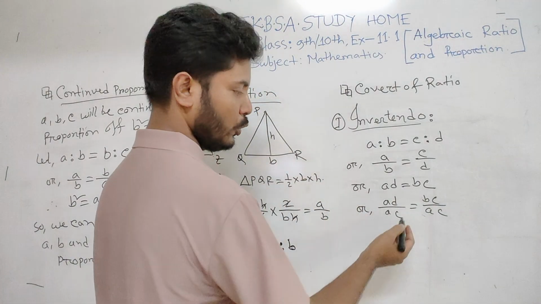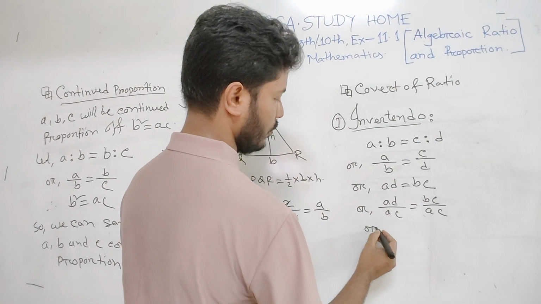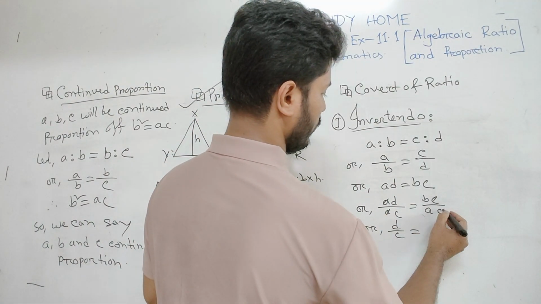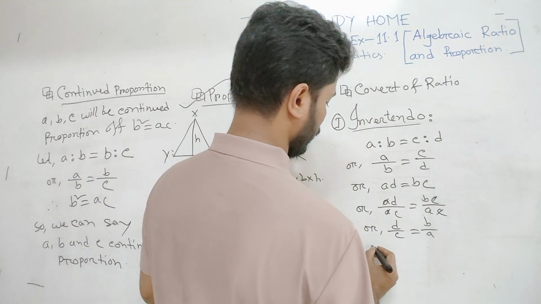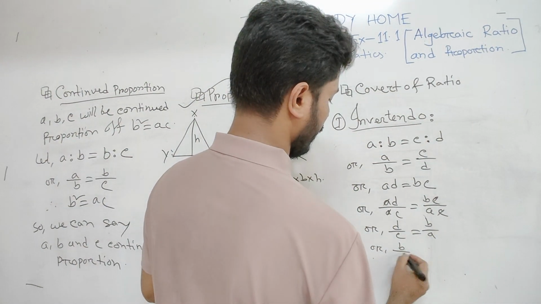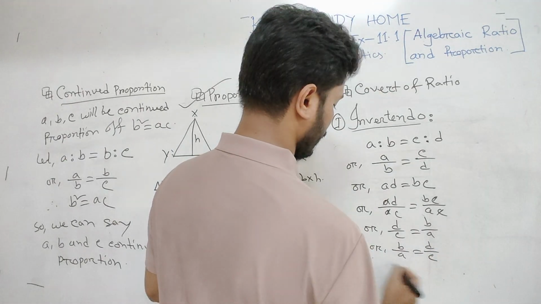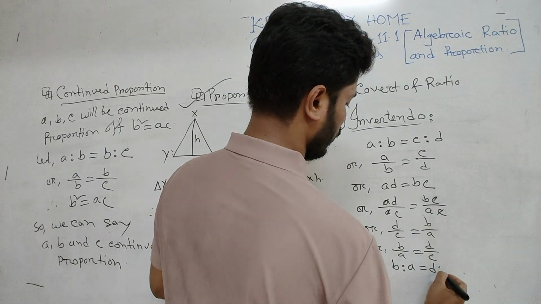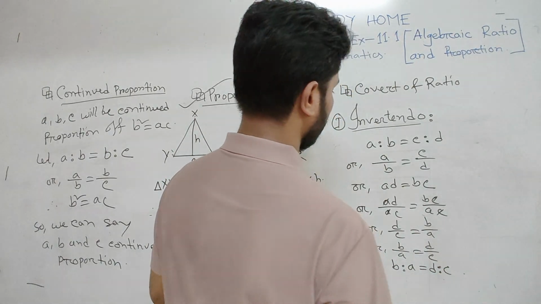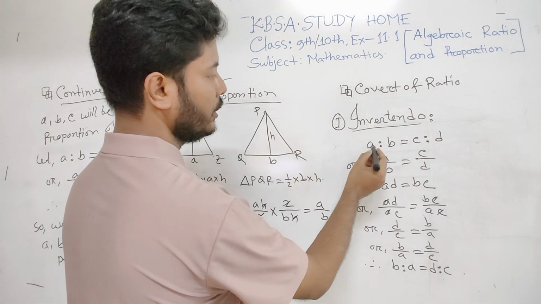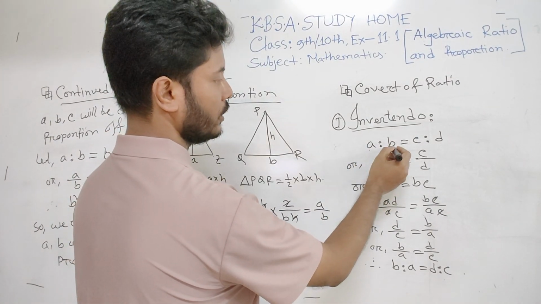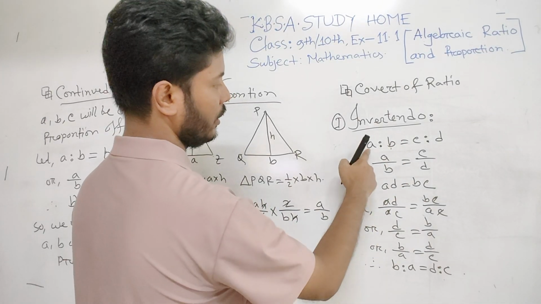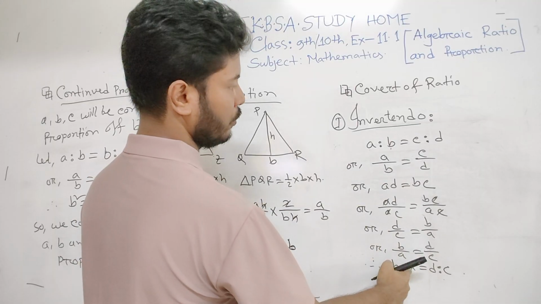We can divide both sides by AC. D by C is equal to B by A, or B colon A is equal to D colon C. This one was antecedent, this one was consequent. Now consequent will be antecedent, antecedent will be consequent.